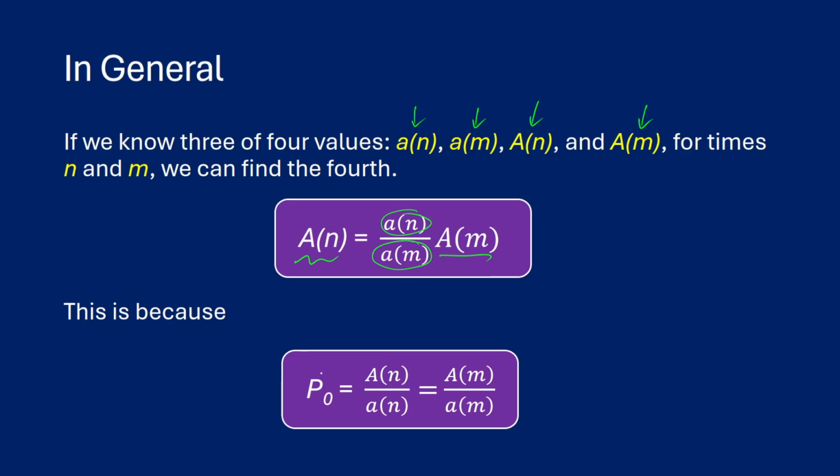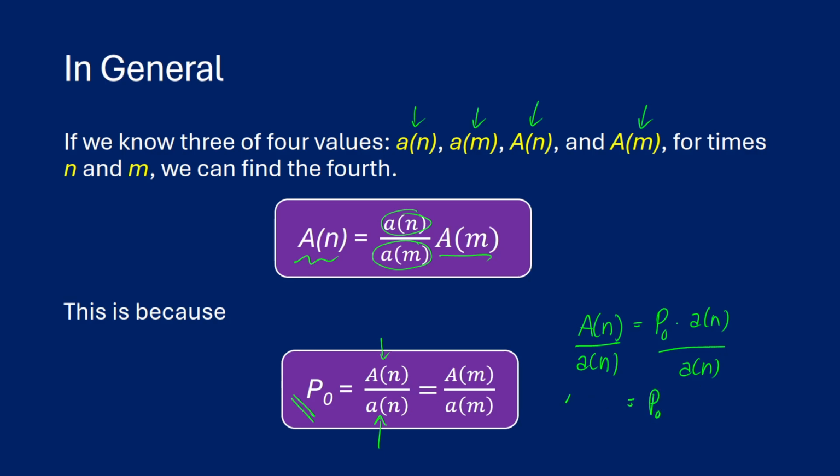Now, why is this? Well, this is because our principal is going to be the amount at n divided by the accumulation at n. Now, why does this work? Well, because if we take the amount at n, that's just P0 times the accumulation function at n. So if we divide both of these by the accumulation function at n, we're just going to be left with P0.